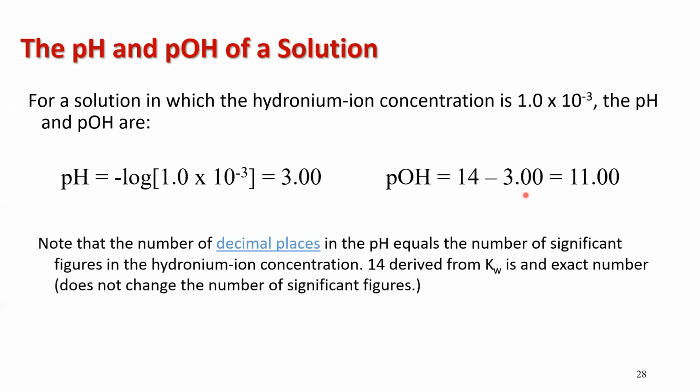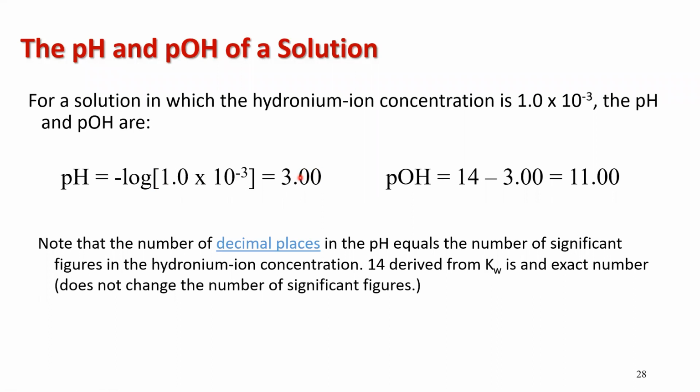Now, let's look at significant digits for a minute. When we look at pH or pOH, the number of decimal places in that value is determined by the number of significant digits in the concentration. So since 1.0 times 10 to the minus 3 has 2 significant digits in it, the pH is going to have 2 decimal places.